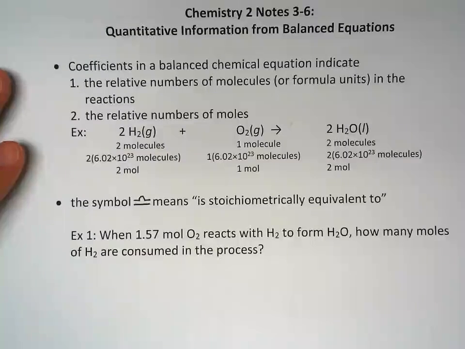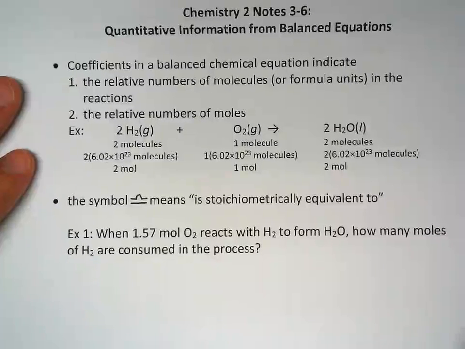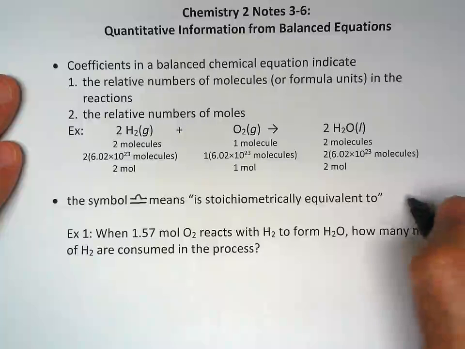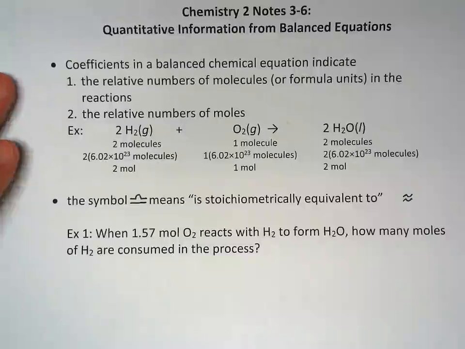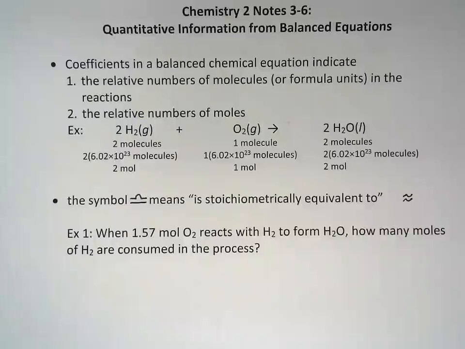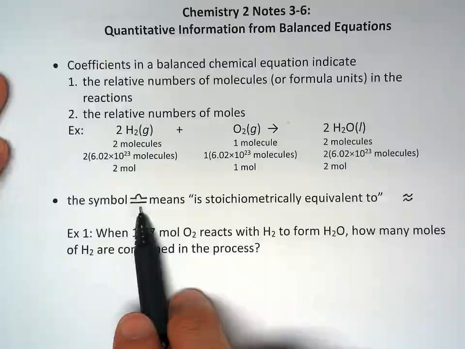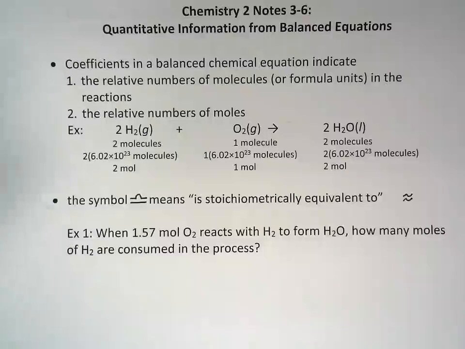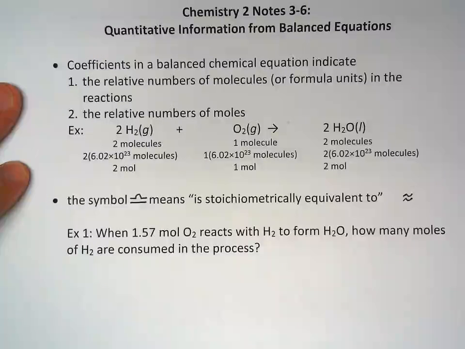I'm not 100% sure, but I think it's very similar to the symbol in math, that little dealie, which is not an equal sign. It means approximately equal to or whatever, right? I think this is similar in chemistry. It just means that they are, comparison-wise, equal or equivalent, or ratios of each other. Okay.